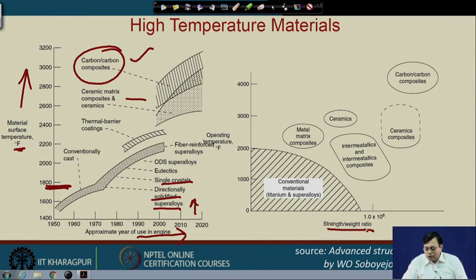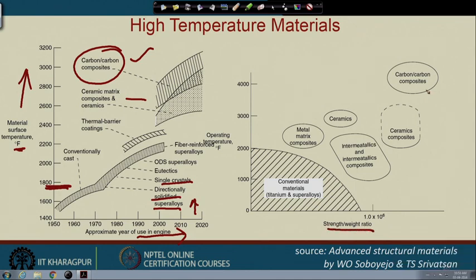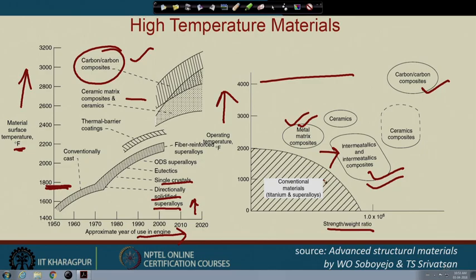Here also I show you a plot with strength to weight ratio, and these carbon-carbon composites become more and more popular due to higher operating temperature and so on, and we are mostly concentrated on the metallic system, and therefore, we are developing metal matrix composites and intermetallics with functional properties and higher temperature. And therefore, today you can see that we have discussed a brief overview of all the materials that have been developed so far and what is the need of their development.